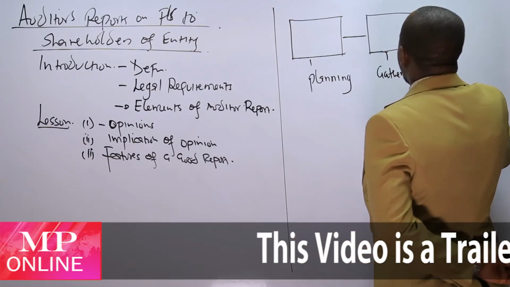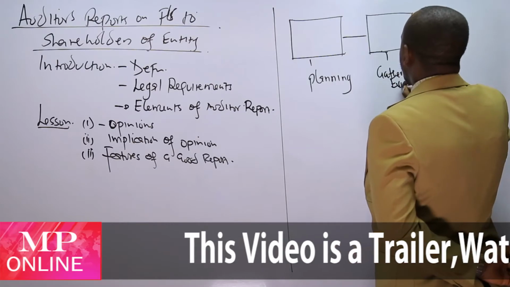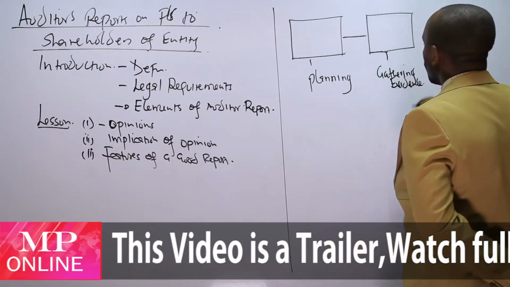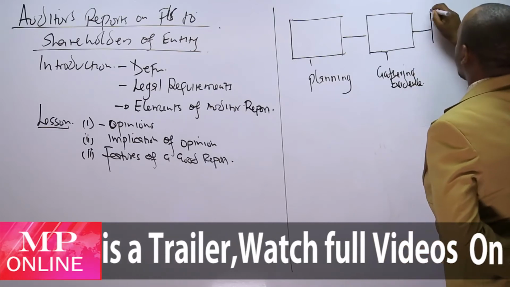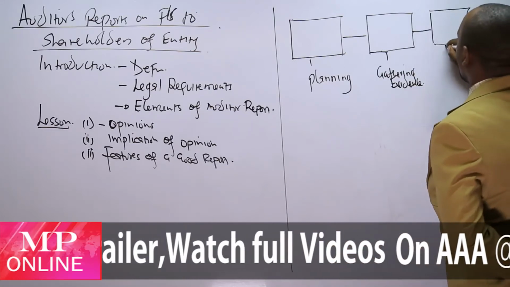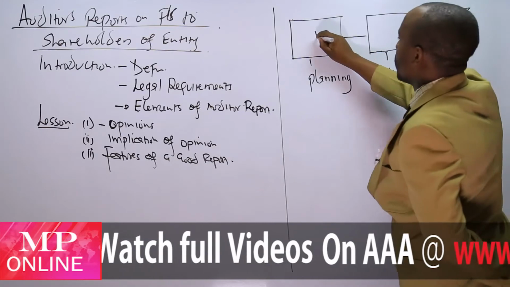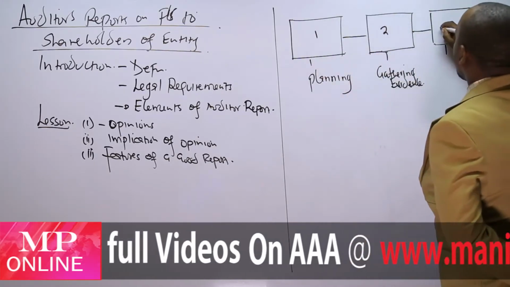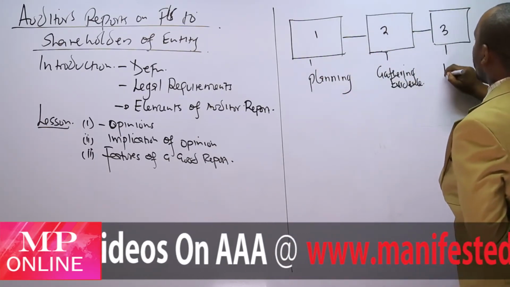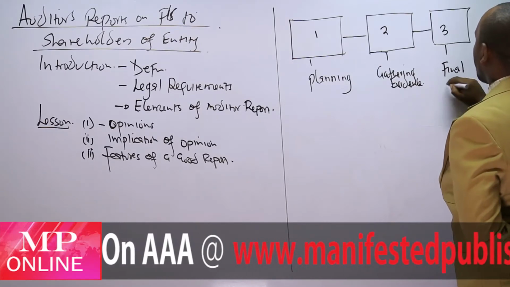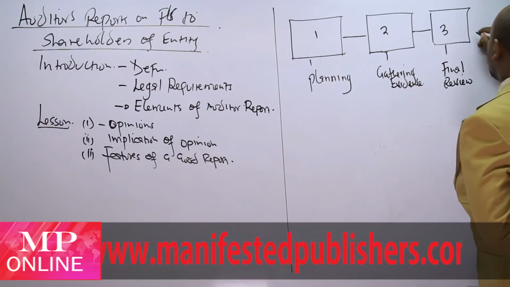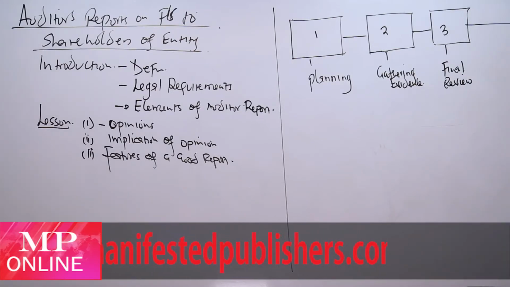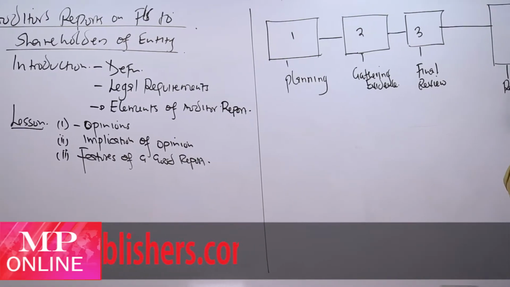Once we gather audit evidence, we came to another stage, which we refer to as final review, or overall review. The last stage, which today we are looking at, is reporting. The last stage in auditing, reporting.